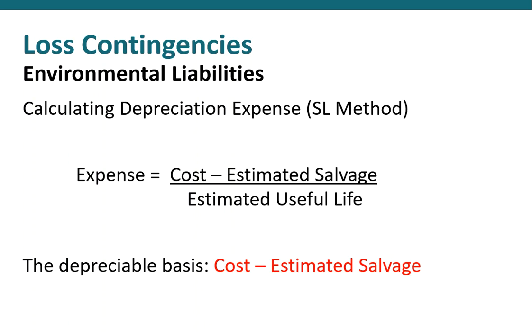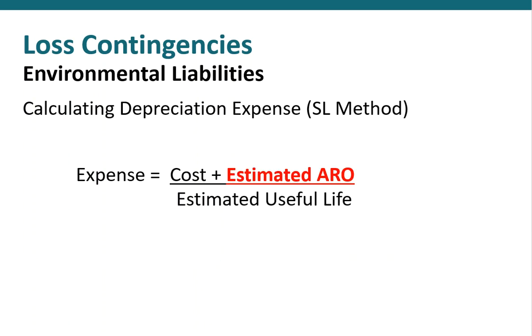What if instead of being able to sell the asset at the end and receive a cash inflow, which is our estimated salvage value, and is deducted from the asset's cost to calculate the depreciable base, what if we were going to have to spend additional dollars when we retire that asset? Again, think 3 Mile Island and all the costs associated with dismantling that nuclear plant.